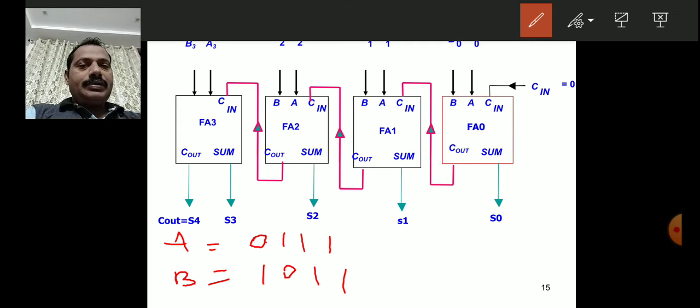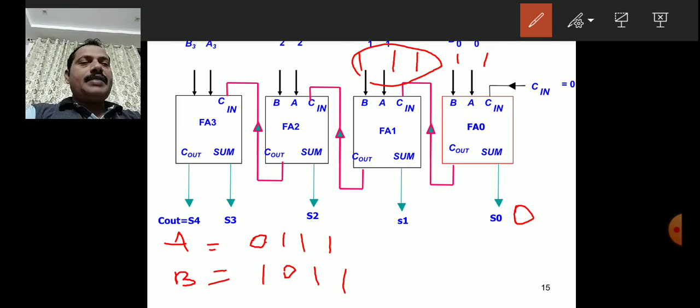For the first bits A0 B0, let us connect 1 1, and the initial carry is 0. 1 plus 1 is 1 0, carry 1, sum 0. And the next bits are 1 1. So these three ones are added by full adder 1, and sum is 1, carry is 1.